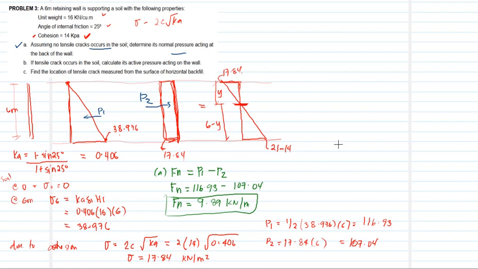And, say we have force dito. Let's say that is P3. And yung force naman dito, say that is P4. Okay. So, for letter B, ang hinahanap natin is the active pressure acting on the wall if we have tensile crack. Okay, so i-determine muna natin yung ating distance dito, yung y, para ma-solve natin yung forces.